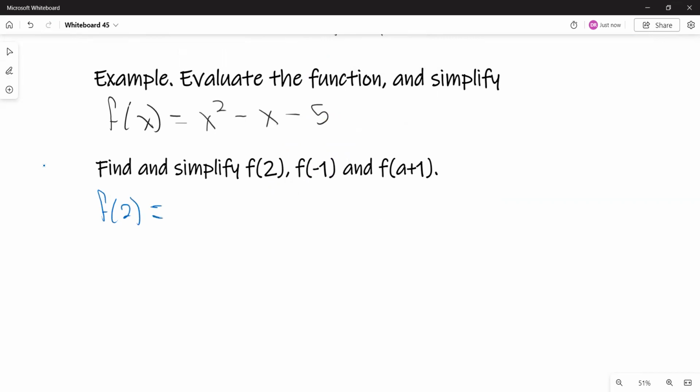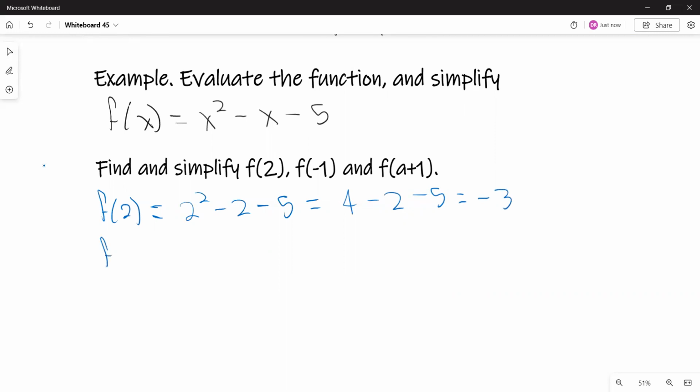What we're doing is substituting 2 for x, so we have 2 squared minus 2 minus 5. 2 squared is 4, and 4 minus 2 minus 5 is negative 3.